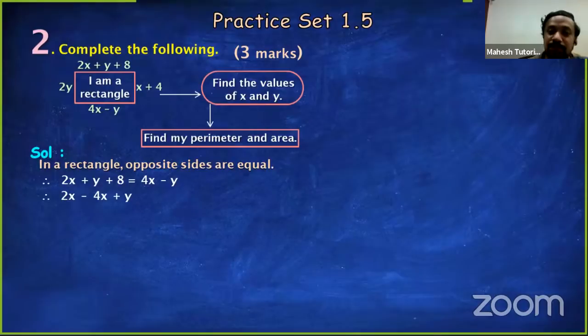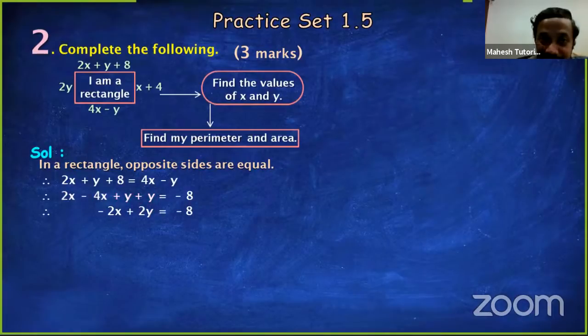If it is shifted to the left hand side, it will become plus y. The constant term 8 is there with a positive sign on the left hand side. If it goes on the right hand side, it will become minus 8. Now students, solving it further, 2x minus 4x will give us minus 2x. y plus y will give us 2y is equal to minus 8.